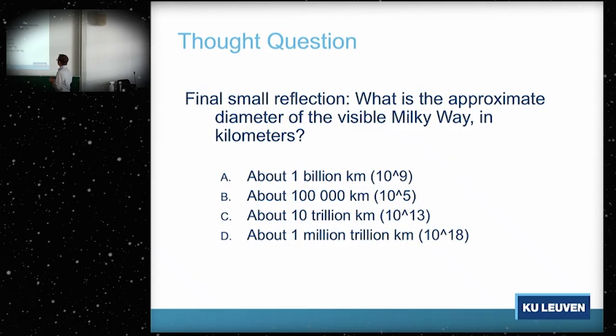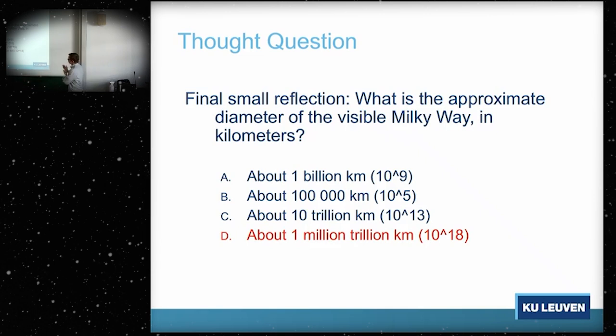If we have the approximate diameter of the visible Milky Way, we're talking about 20 kiloparsecs, because those are the astronomical units we have to work with. But if we talk about that in our everyday units, in kilometers, do we think it's a billion, 100,000, 10 trillion, 1 million trillion? We think it's A, B, C, D? Yes. I mean, of course, I put in the most extreme.